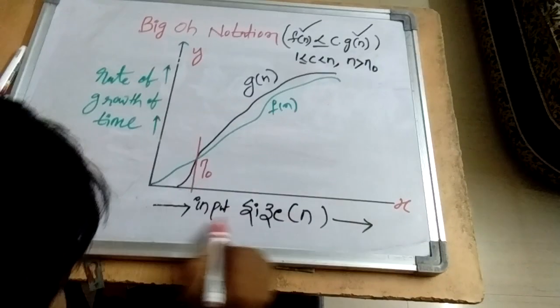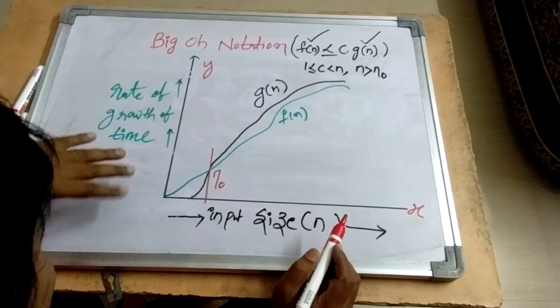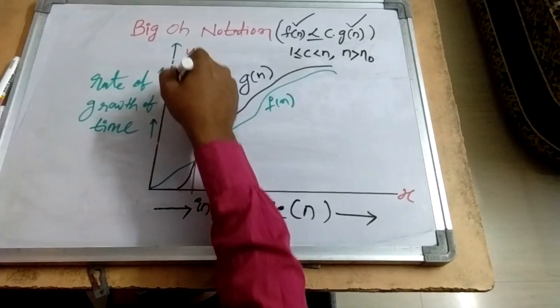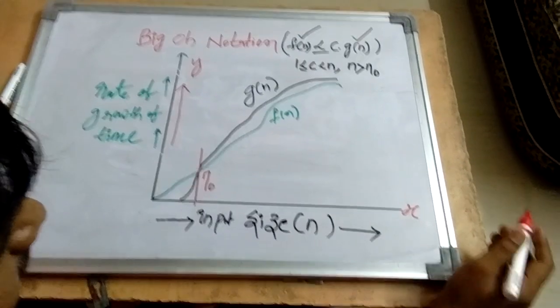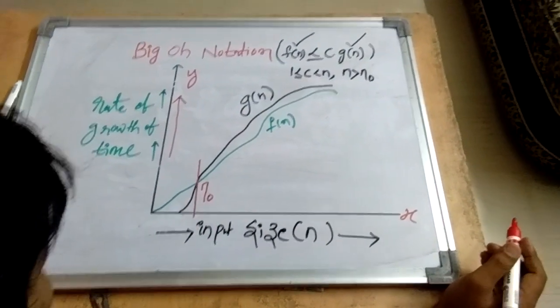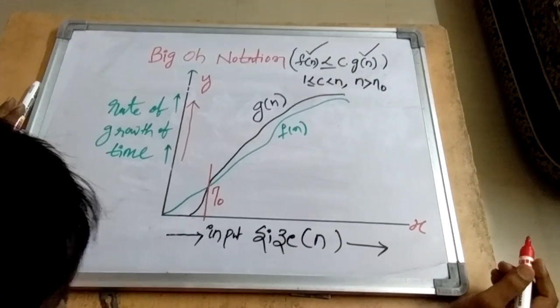As the input size of the given problem increases, the rate of growth of time, or the time complexity, also increases. For example, if you want to find a given element in an array of 10 elements, some time will be taken by the CPU.